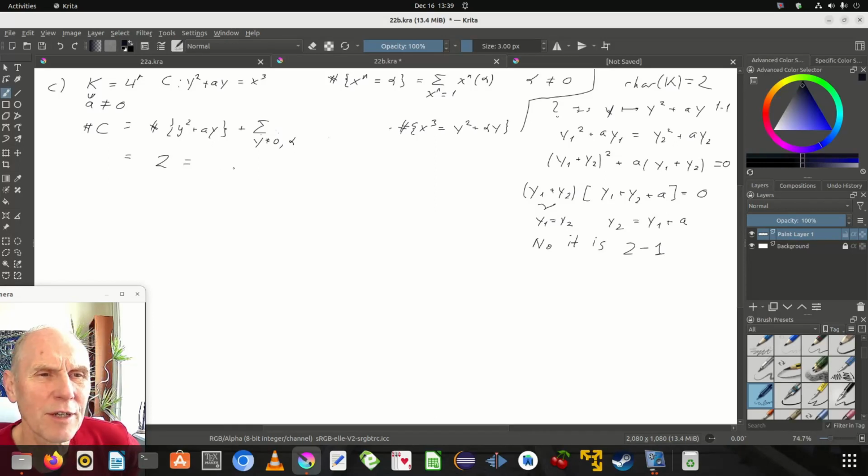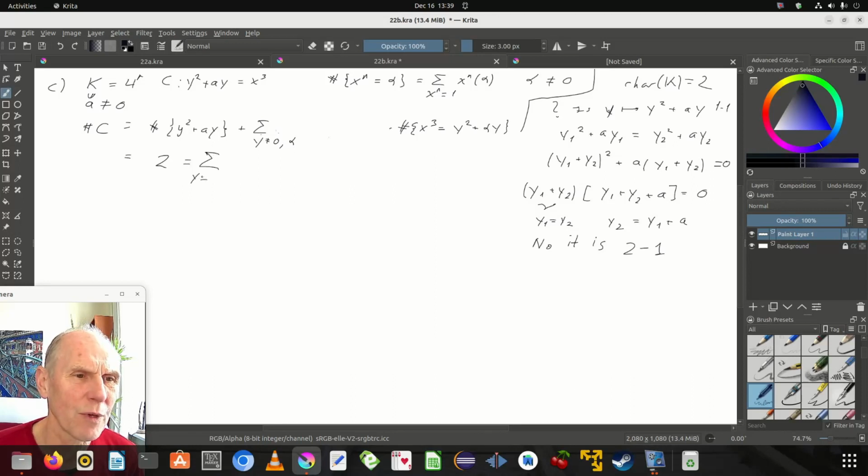And this is then equal to the sum of y squared plus alpha y.